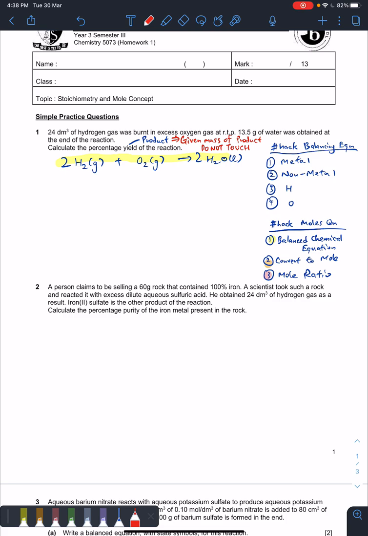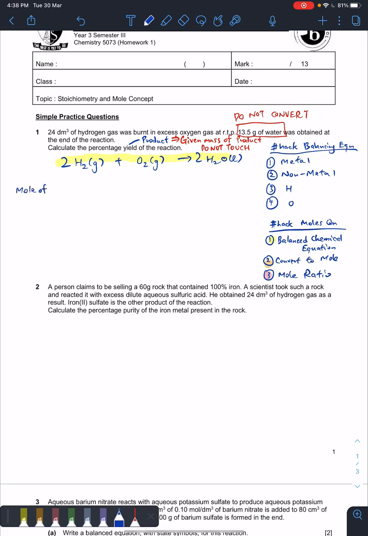It's referring to this number specifically. That's the extra thing that you need to take note of. So if it's a percentage yield, meaning product, the mass of product that you have in the question, do not convert. Alright, so let's continue.